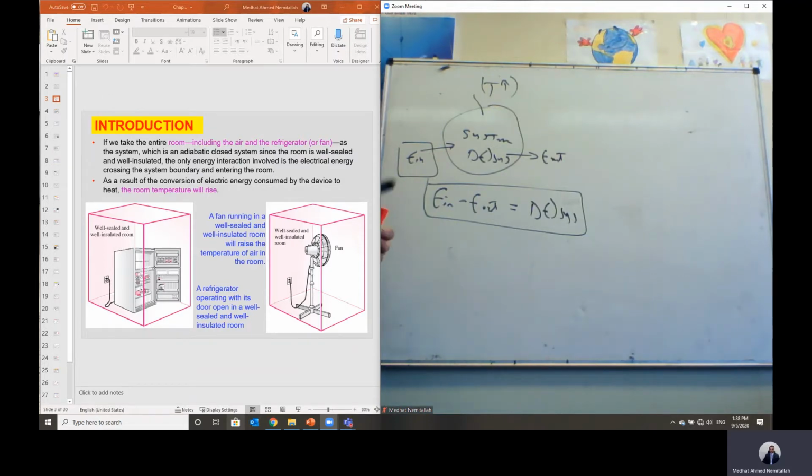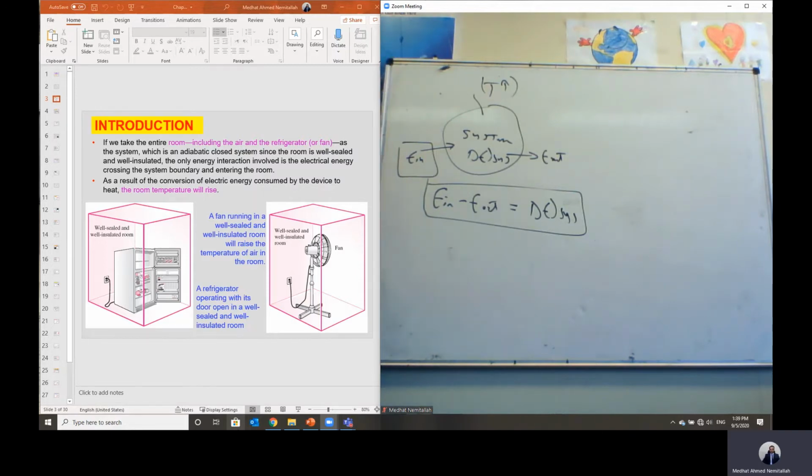Another example: we have a fan inside an isolated room. This fan is running. The temperature of the air inside this room will also be raised. Because if we look at this room as a system, we have energy input, but we don't have energy output. So all of the energy input will be stored within the system, and it will result in a temperature rise.